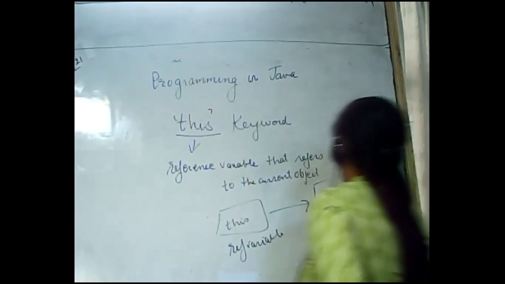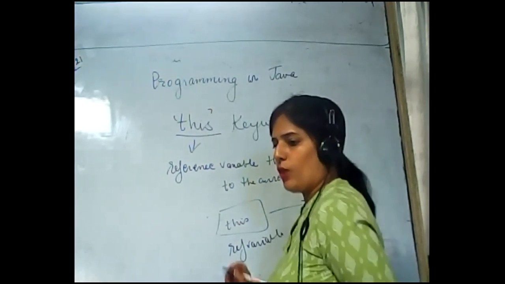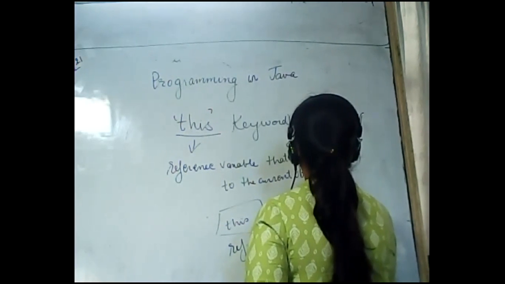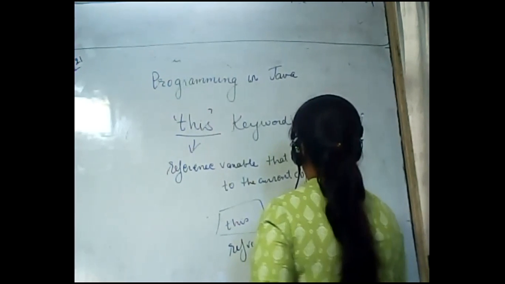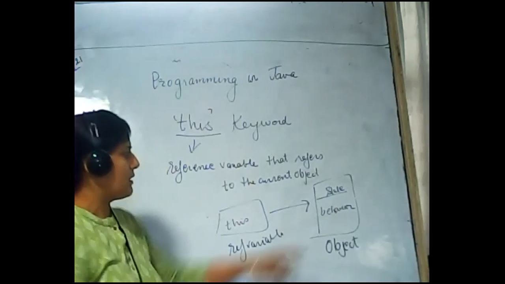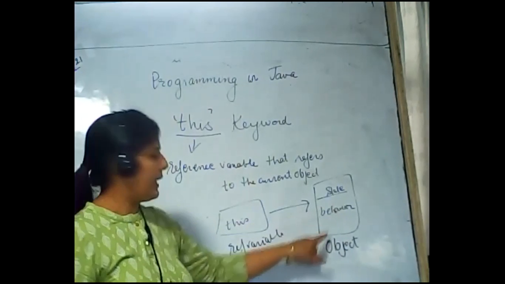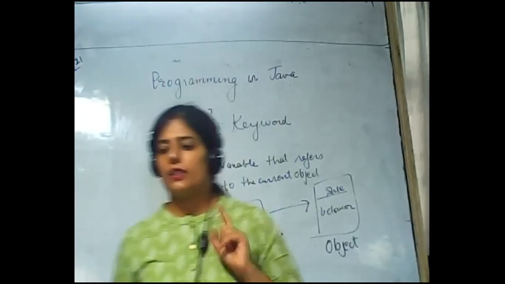What does a particular object contain? It contains a state and its behavior. So the object tells us the current state of that particular object and the behavior of that particular object. Fine. So this is the functioning of this keyword.